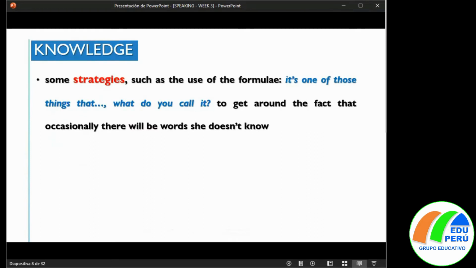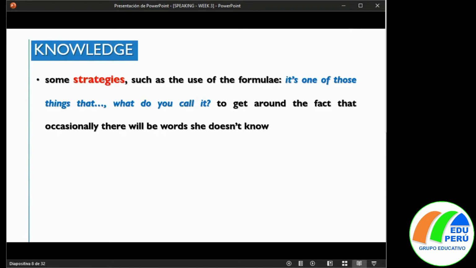Then going back to the topic that we saw at the beginning, strategies. We need also some strategies in order to continue talking, as we have seen before.